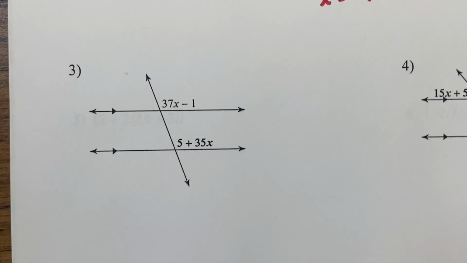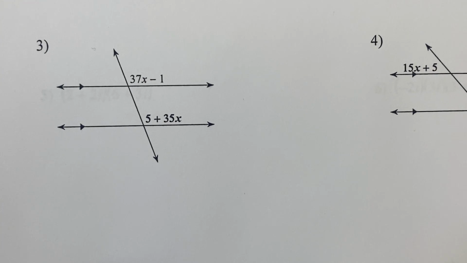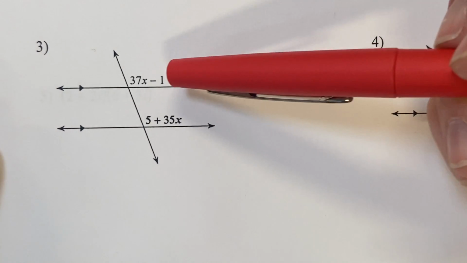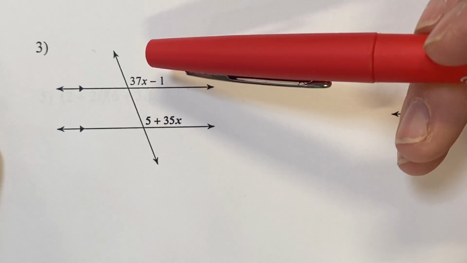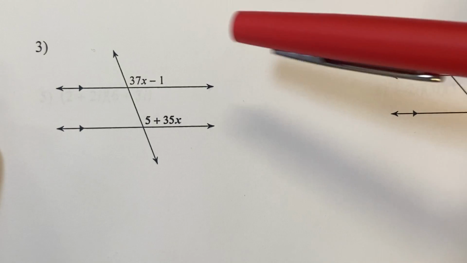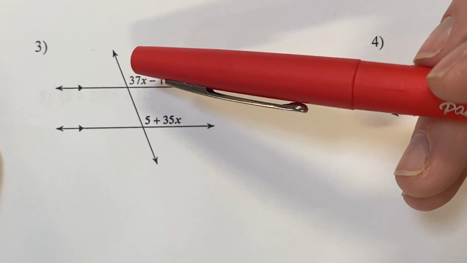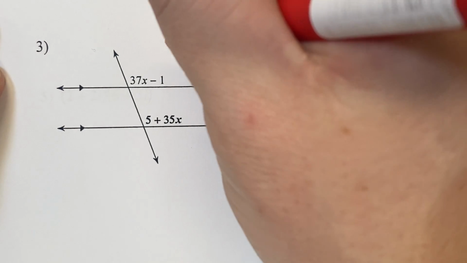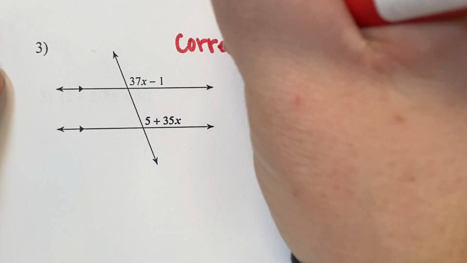Alrighty, number 3. This relationship is probably one of the hardest, at least for me, to remember. I see that they're on the same side, but one's on the outside of my parallel lines, one's on the inside. And we notice they're both in the top right corner of these little four squares. So when they're in the same spot, these are called corresponding.